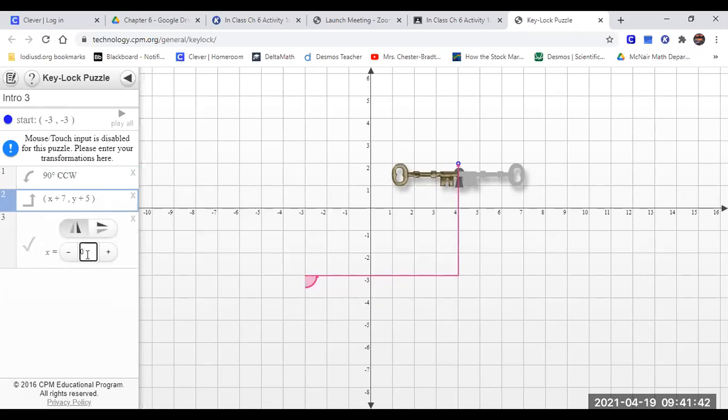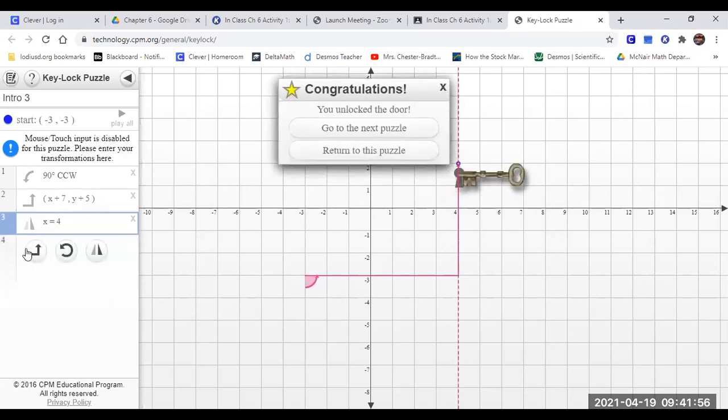Okay, we're going to flip it over what X value? What X value are we flipping it over? What X are we on? 4. Boom. Okay, so if you try something and it doesn't work, do one of the other motions.